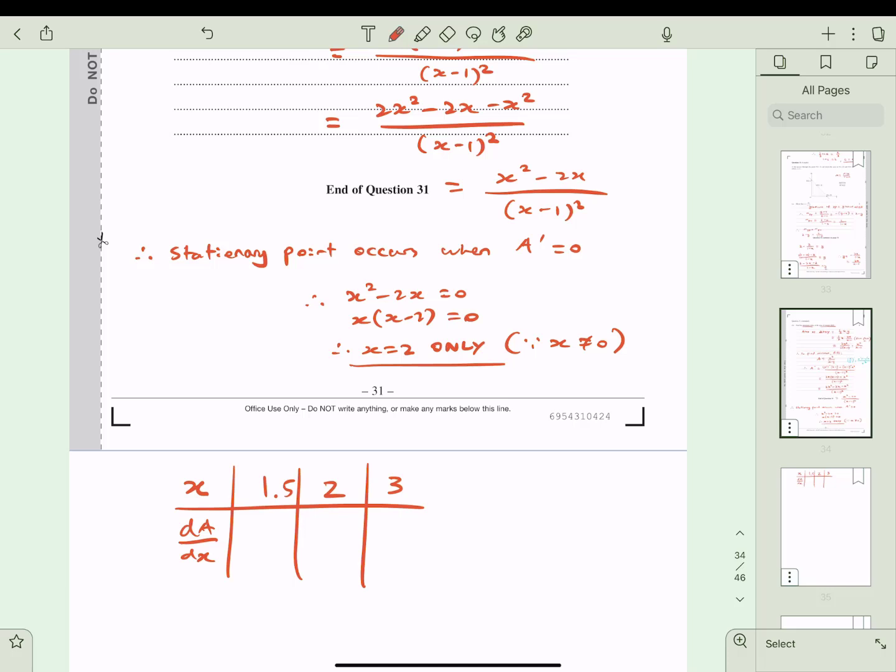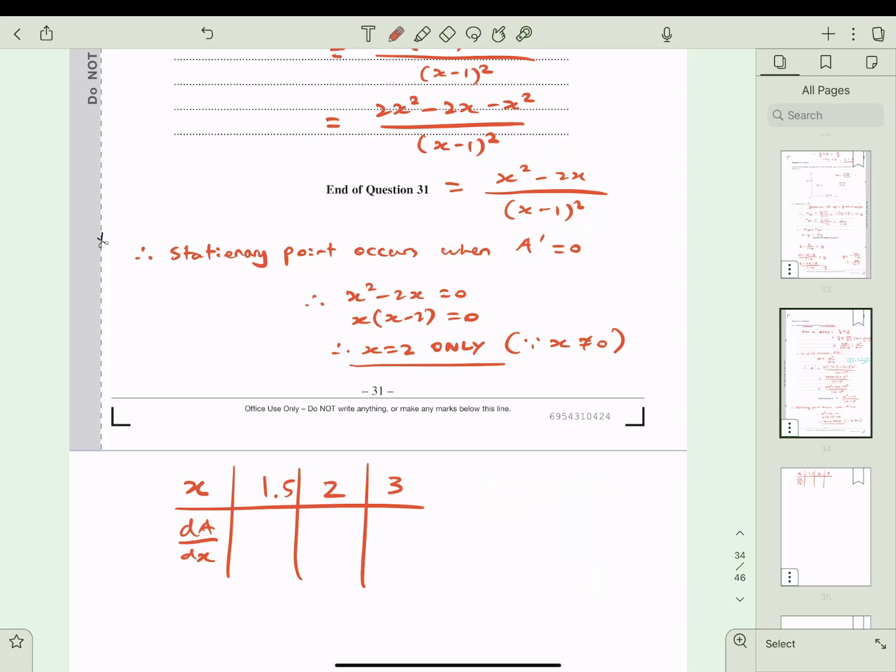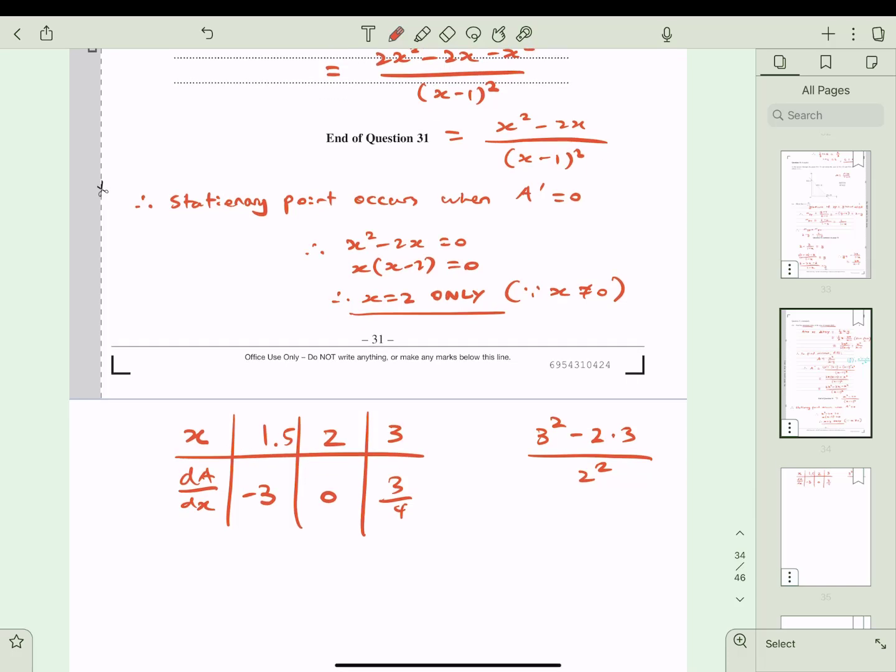That's okay, because when I sub 1.5 squared minus 2 times 1.5, all over 0.5 squared, into my calculator, that should equal negative 3. So this is negative 3. This is 0. Now, when I sub in x equals 3, that's 3 squared minus 2 times 3, over 2 squared, and that should equal 3/4. So therefore, decreasing, stationary, increasing. Therefore, it is a minimum turning point.